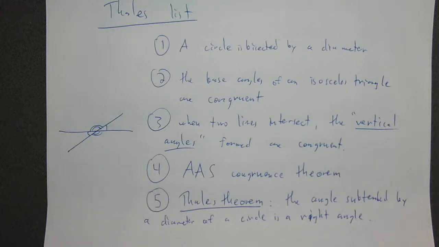Now, was Thales the first to notice these facts? Absolutely not. In fact, they were probably known to Egyptians and probably known to Babylonians as well. But the main key distinguishing feature and the reason why he gets credit for this list is that he was the first to prove that. He was the first to prove all of these properties.